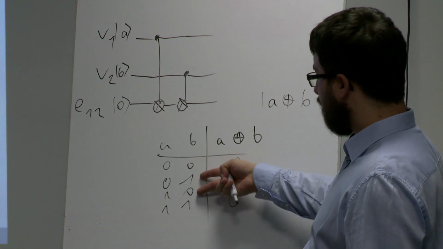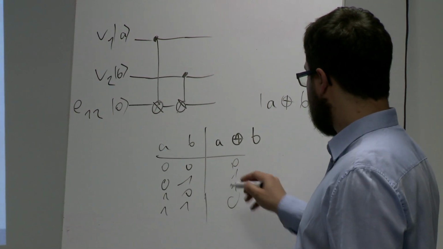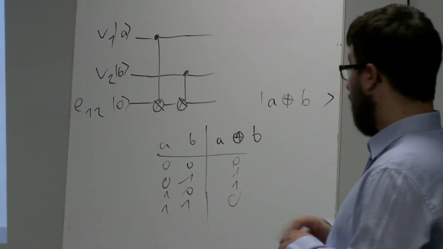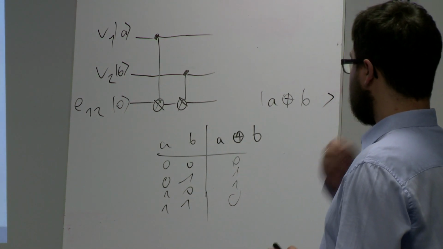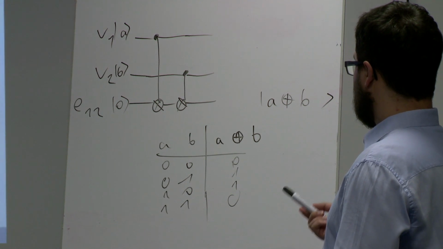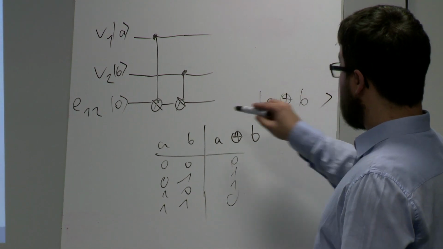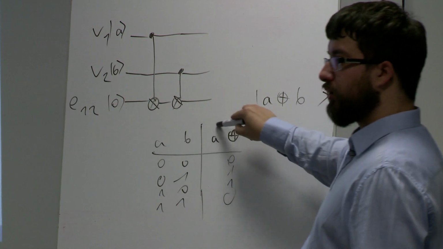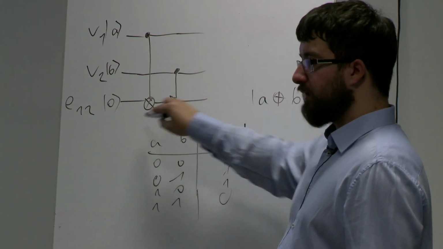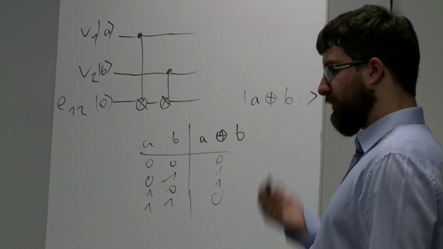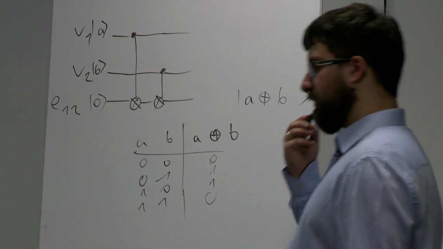But if we apply node only once, then we have 1 as an answer. So this ancilla qubit, this separate qubit, has the answer whether these 2 vertices have different colors.